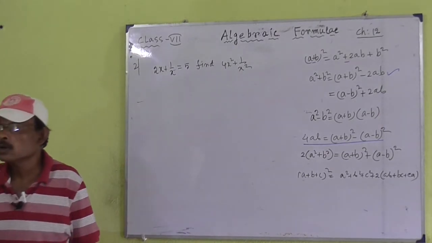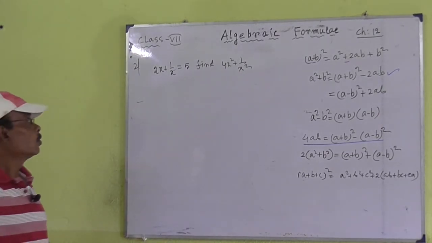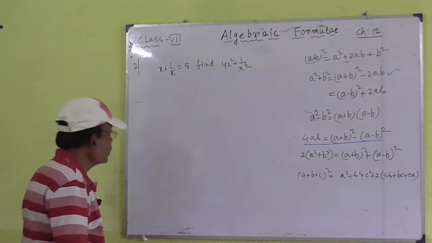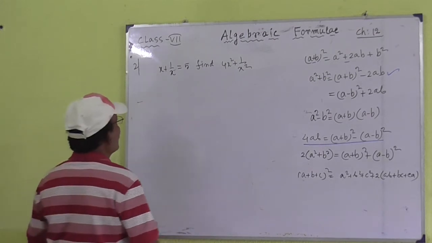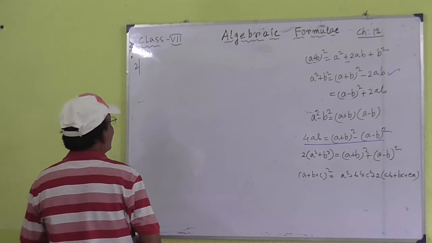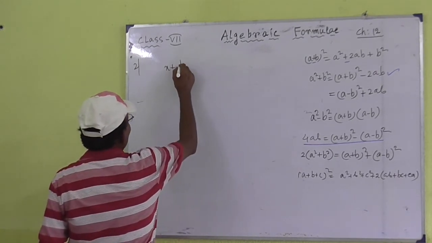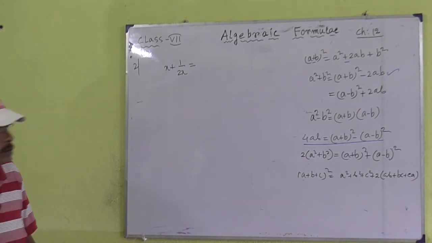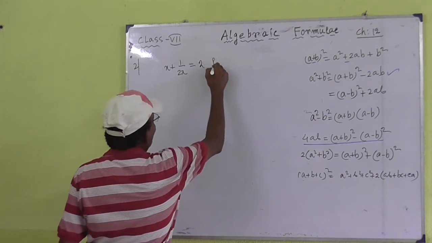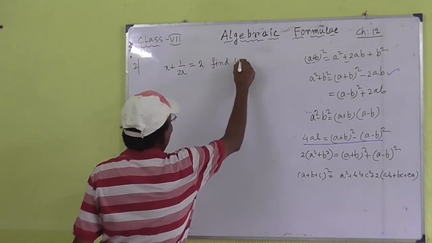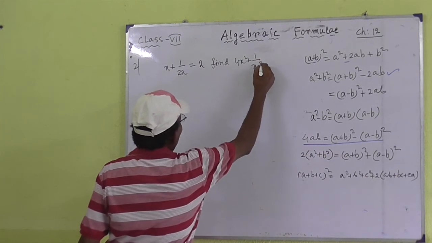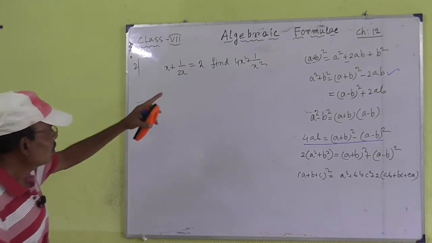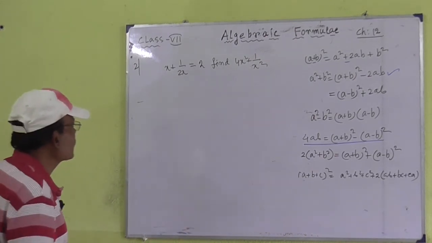x plus 1 by 2x equal to 2. Find 4x square plus 1 by x square. Here, look at the sum, a question arises.